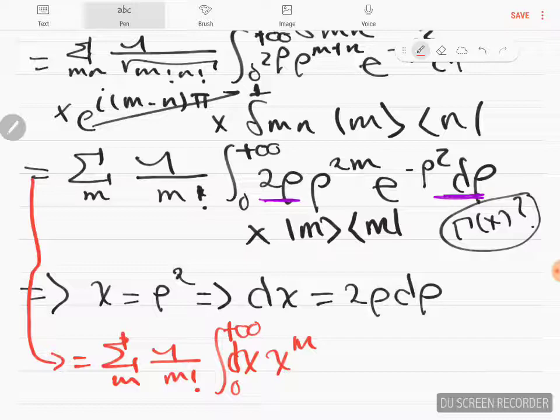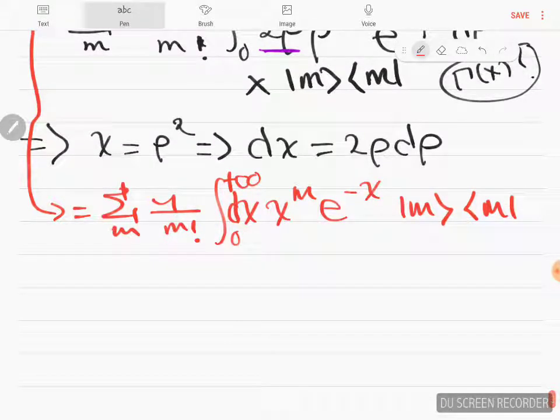There we have, because x equals rho squared, so if we exponentiate both sides to the power of m, we get x to the m, and e to the minus rho squared is e to the minus x, this times ket m bra m. This is equal to the summation over m of 1 over m factorial.